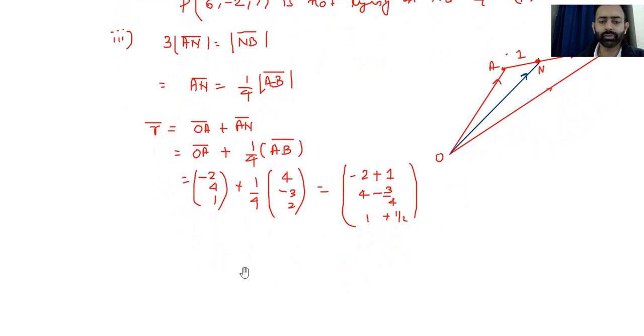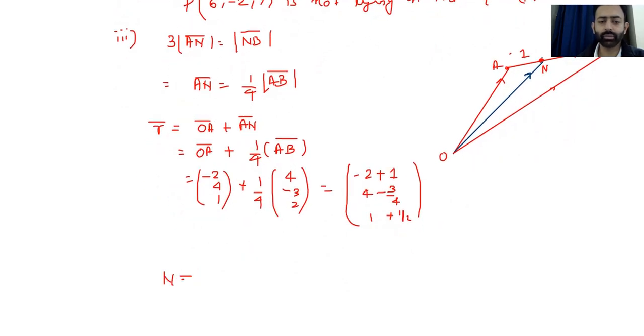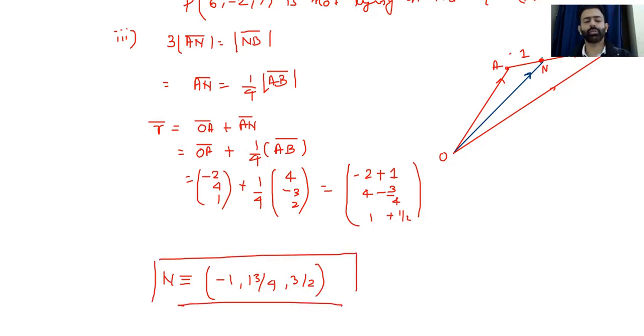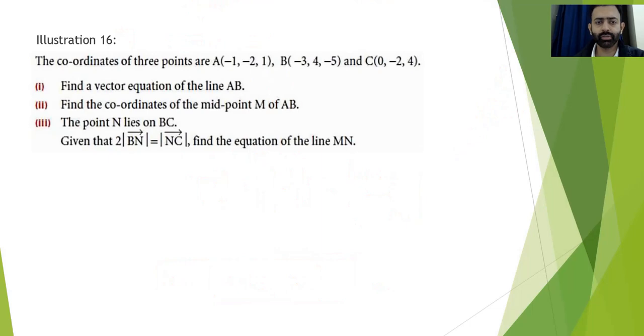So coordinates of N are minus 1, 13 by 4 and 3 by 2. This is your answer. Let us do the next question, which is just like that, but things will become more clear to you.